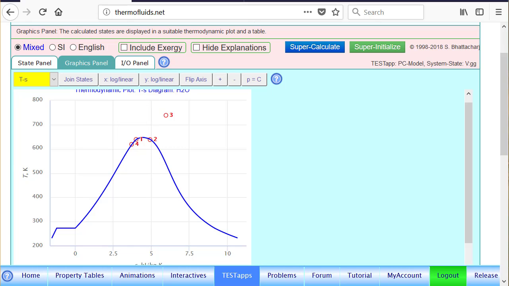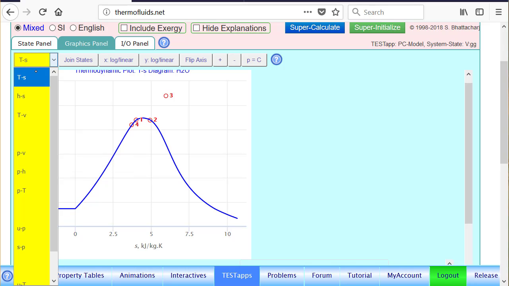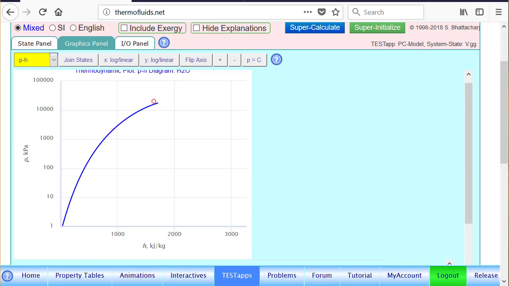That's because it is a TS diagram, and entropy of a subcooled liquid is a function of temperature mostly. The simpler submodel uses the assumption that entropy is a function of temperature alone. As a result, state 4 is on the saturation line. Had we plotted, instead of a TS diagram, say a PH diagram, you could see that state 4 is not sitting exactly on the line, because enthalpy is a function of pressure and temperature as opposed to entropy.